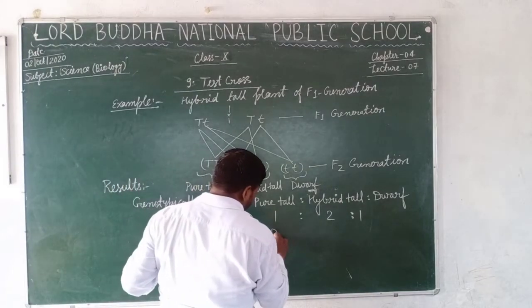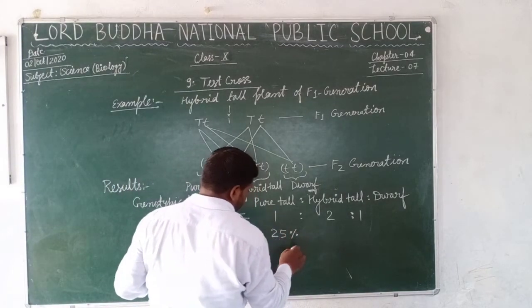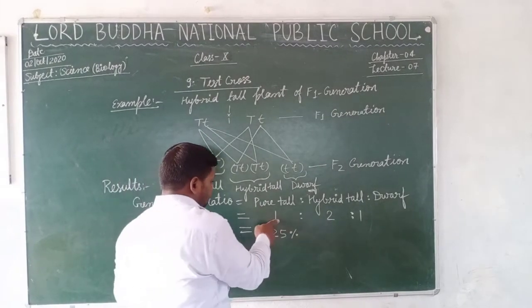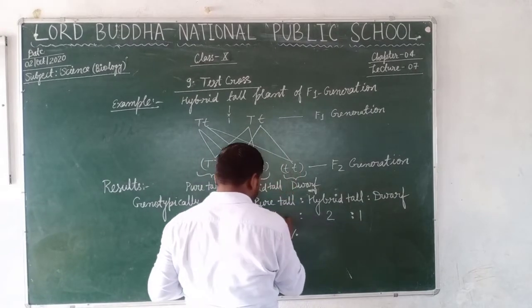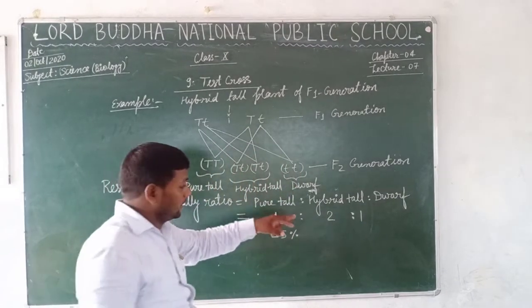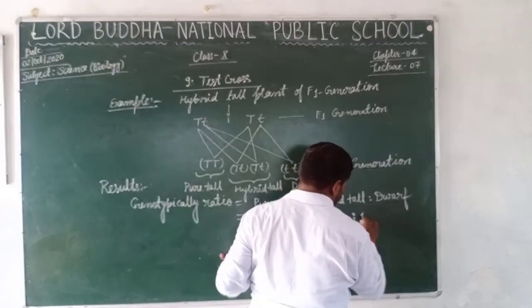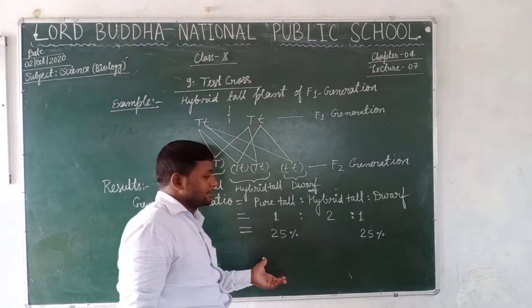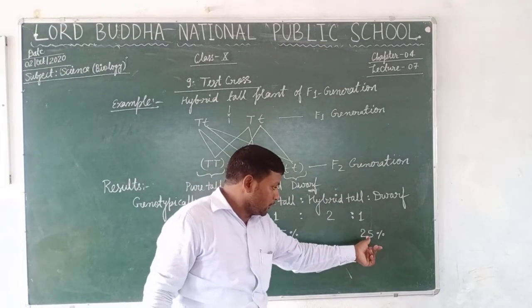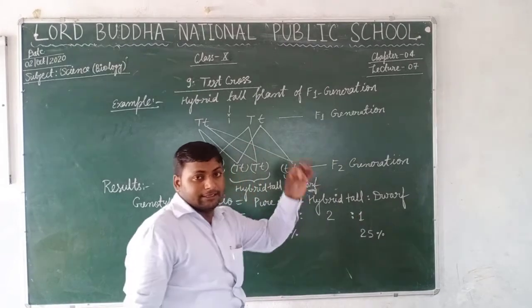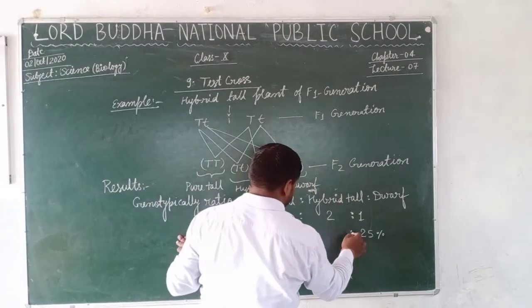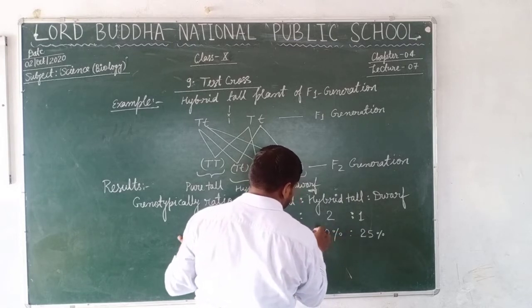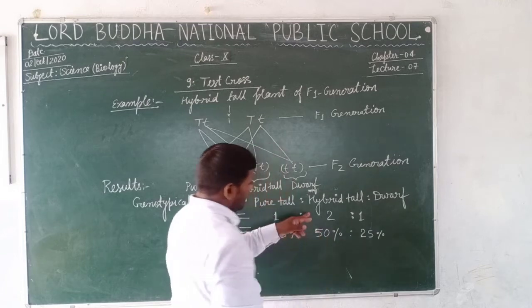It means 25% of the species become of pure breed dominant type, and the other 25% of the species become homozygous recessive, the pure type with the recessive character, and the remaining 50% of the species obtained are of hybrid type.